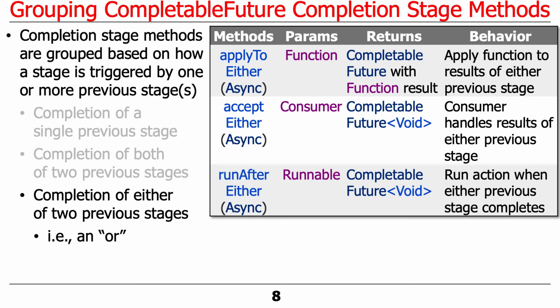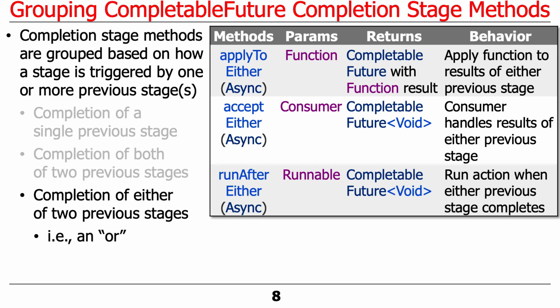And then the third category of completion stage methods of this form are the ones that are triggered when either of two previous stages complete. So apply to either, accept either, run after either. If either of the completable futures complete, then the code is run.